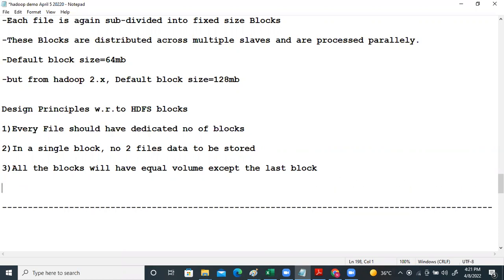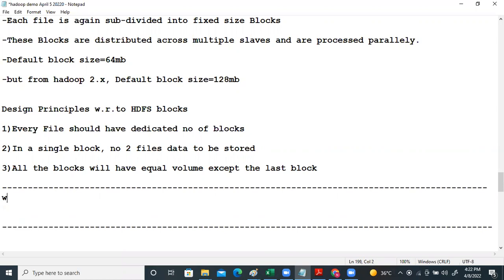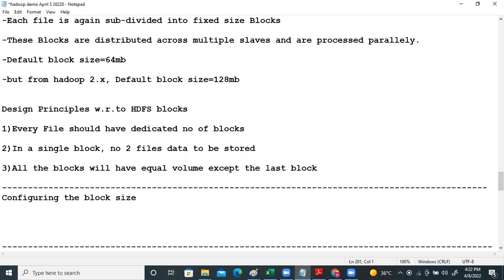So we can increase or decrease the block size. We can configure the block size. Configuring the block size means increasing or decreasing it.